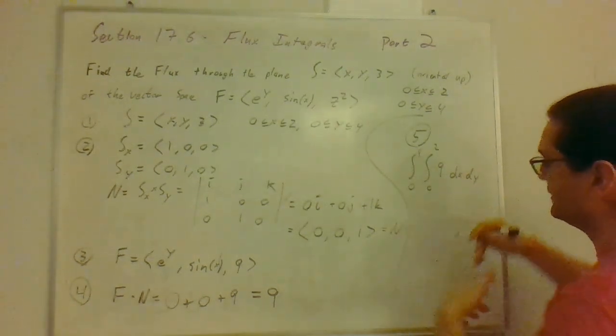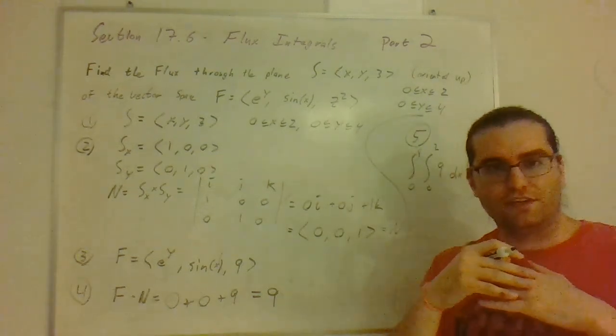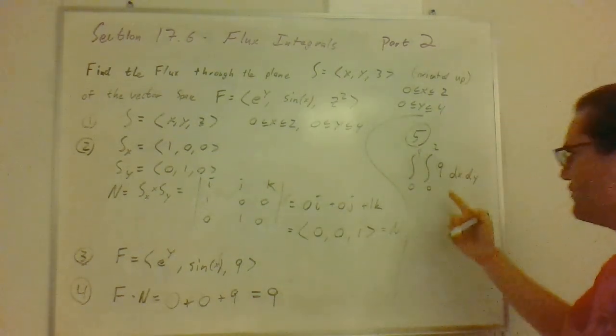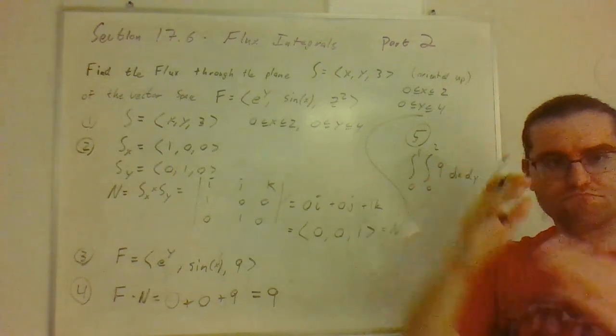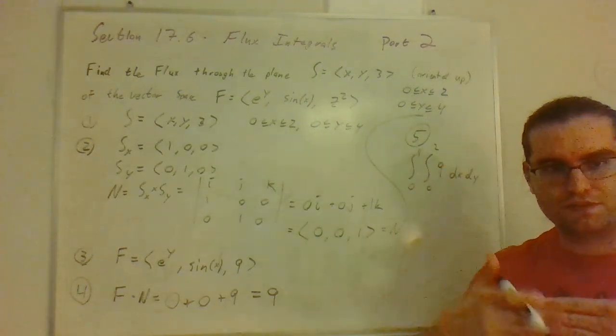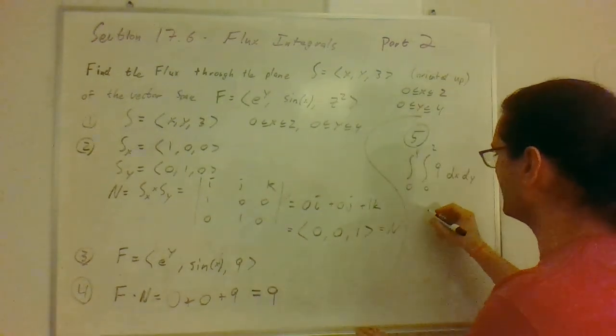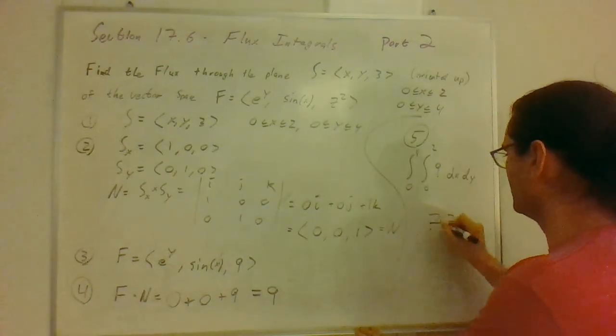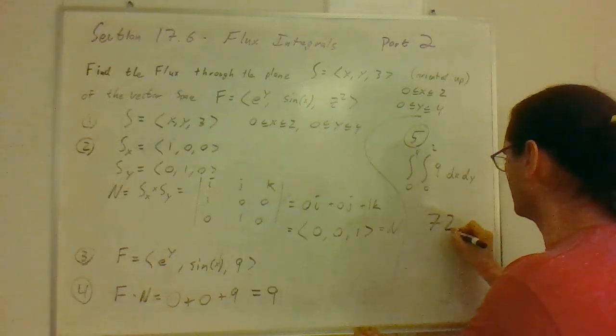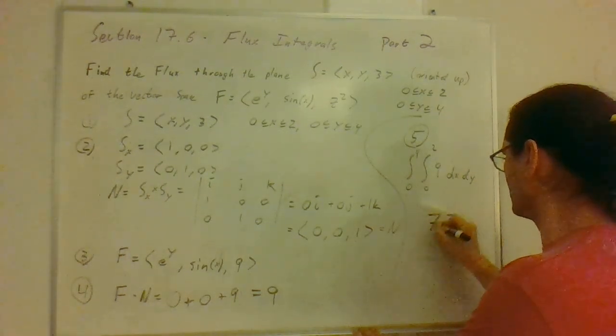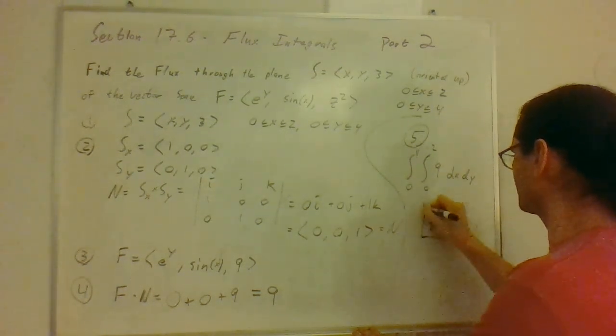If you think back to volumes, you have a constant height of 9, and the area here is a rectangle with length and width 2 and 4, so you should end up with 72 as your grand total flux integral.